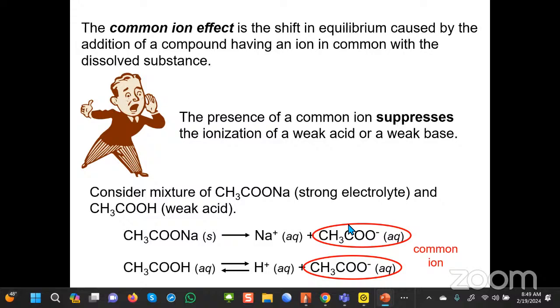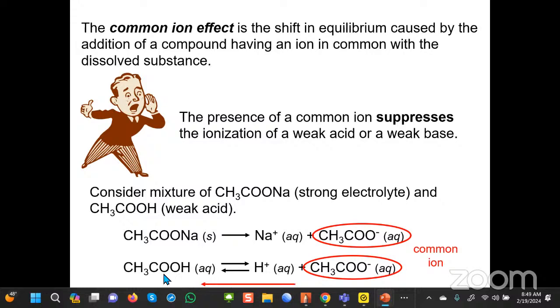So we know what happens according to Le Chatelier's principle. If you all of a sudden increase the concentration of one ion present, then that will result in this equilibrium shifting to the left, all right, as a result of the increase in the concentration of the acetate ion. So what does that mean?